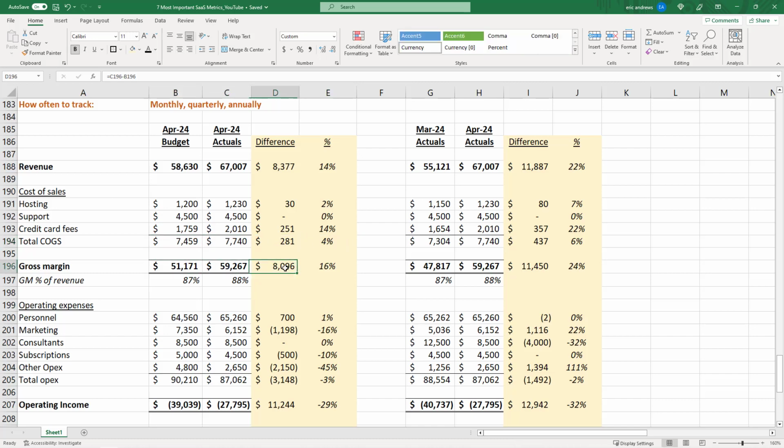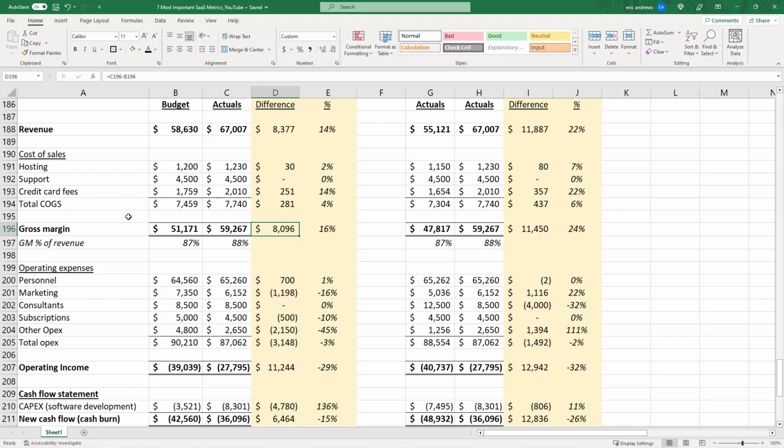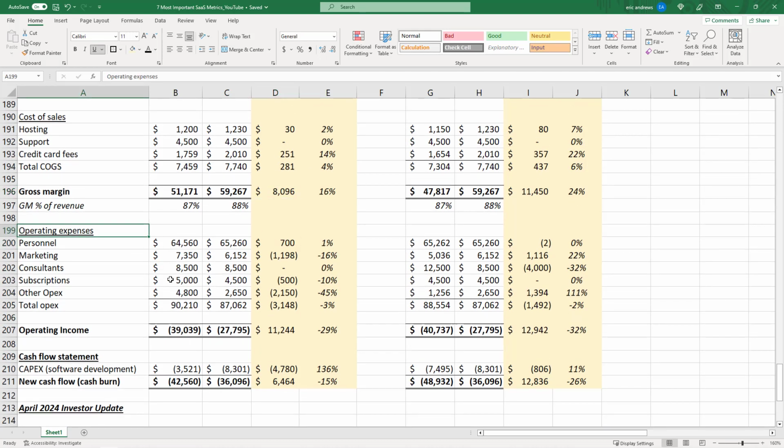And then gross margin, we outperformed by $8,000 because of the increase in revenue. In terms of operating expenses, we were generally under, by about $3,000. So that's good news. Operating income outperformed on the gross margin, and outperformed on the expense side.